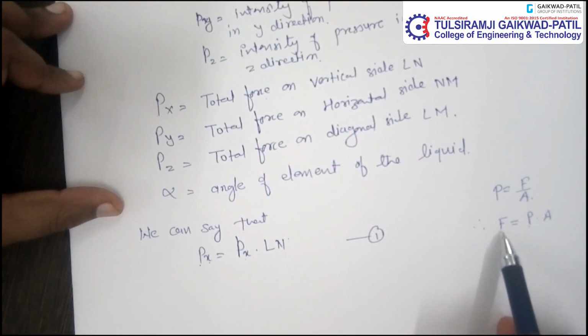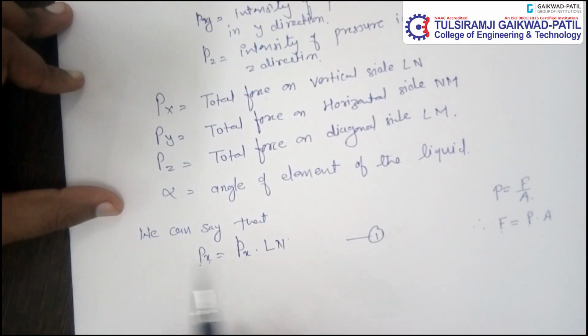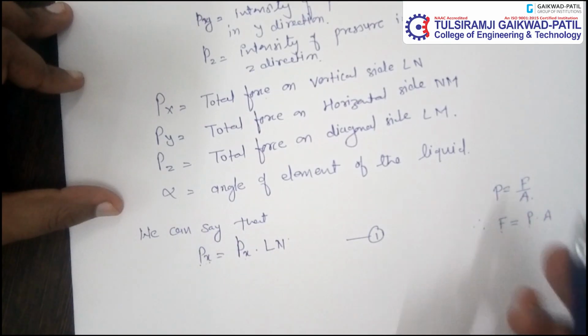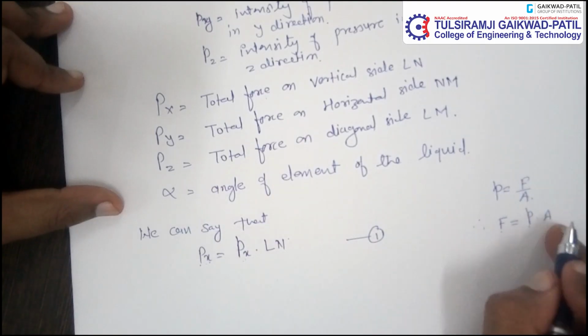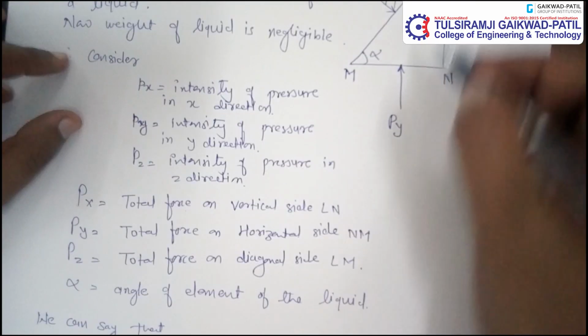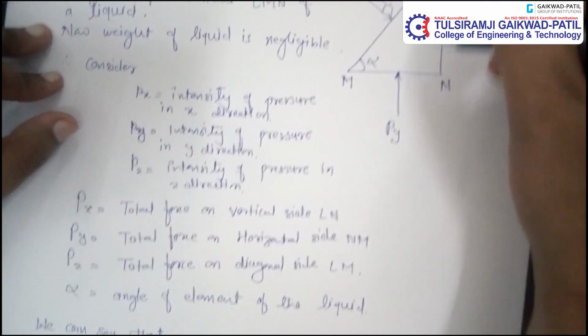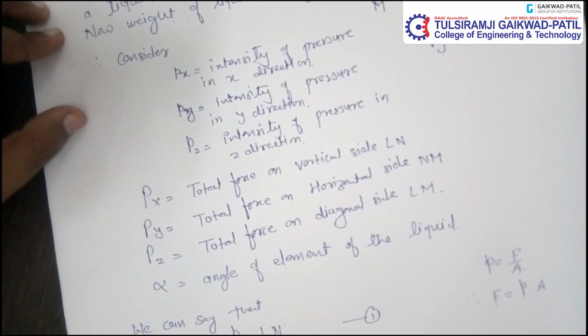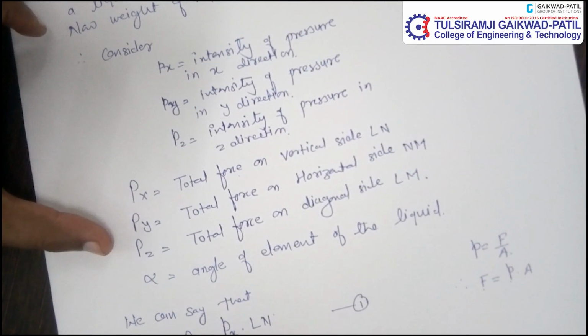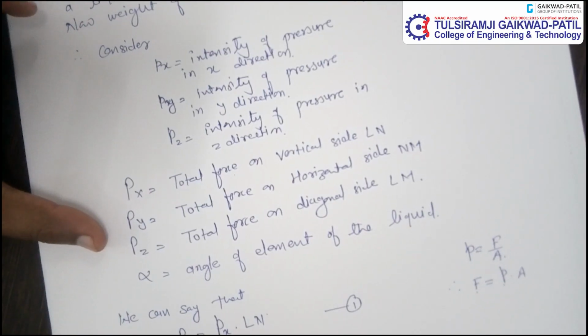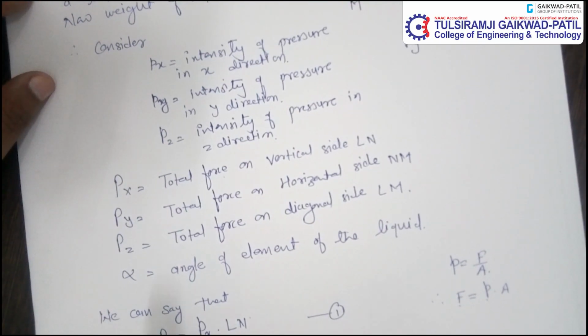So here capital F will denote our Px, this small p will denote our small px, and A means area of this surface, that is LN. Therefore we can write total force is equal to intensity of the pressure into area. Force is equal to pressure into area.